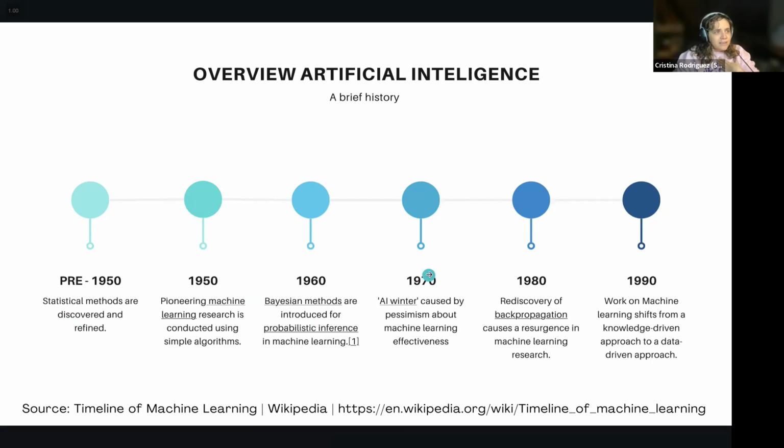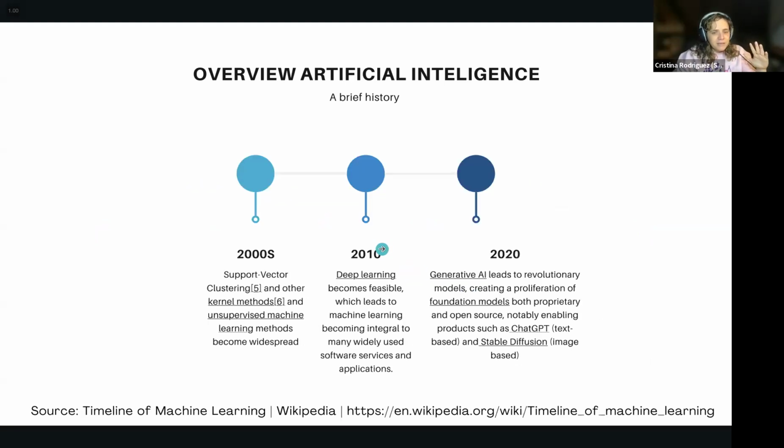I find it funny that we have something called AI winter in the 70s because people stopped believing in AI. And in the opposite field, only in 2010 did deep learning become feasible, because we developed the GPU that could process huge matrices of vectors in one go.